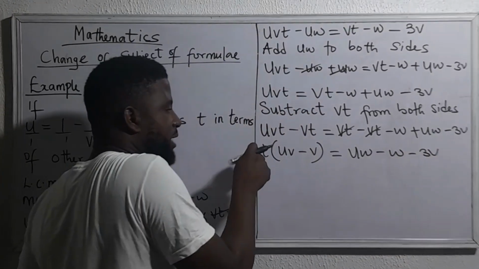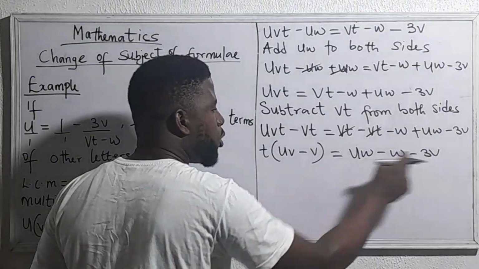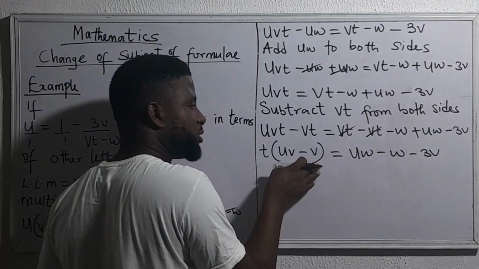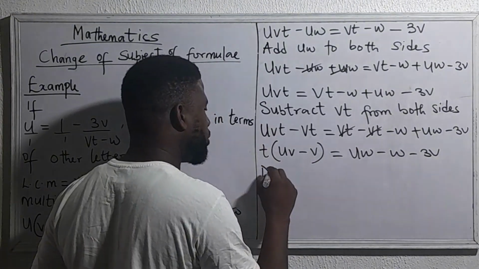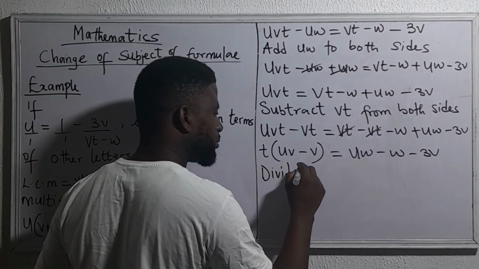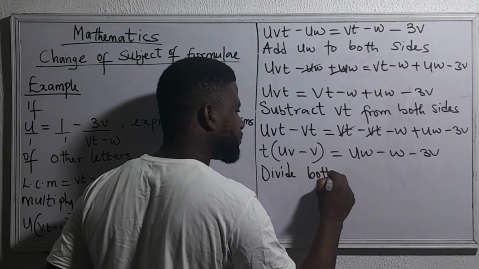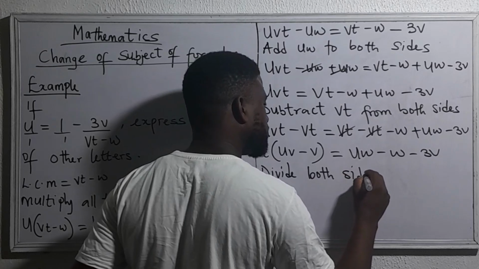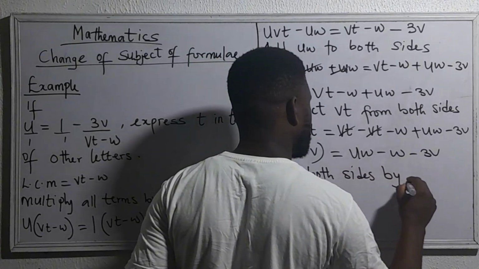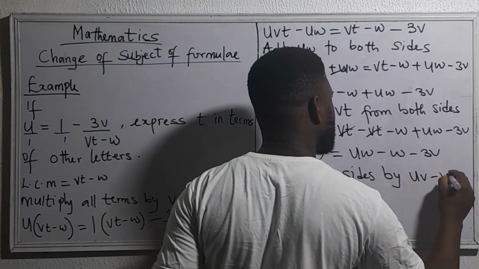Now, to find t, we divide both sides by everything that is not t. So we divide both sides by uv minus v.